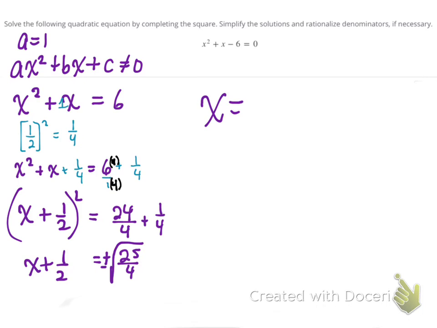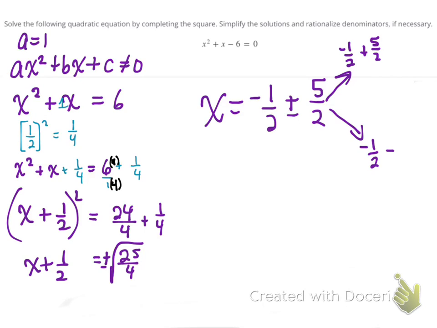x equals negative 1/2 plus or minus 5 over 2. I took the square root of 25 and the square root of 4. This gives me 5/2. So what's going to happen now is I'm going to have two solutions. I'm going to have negative 1/2 plus 5/2, and I will have negative 1/2 minus 5/2.